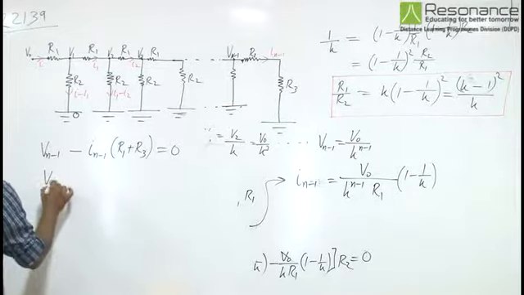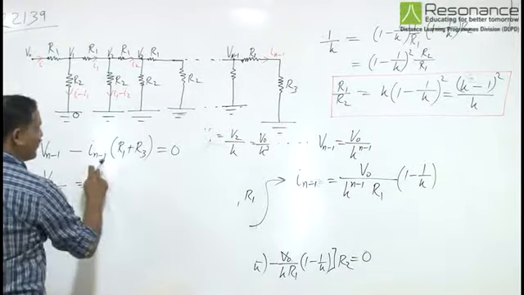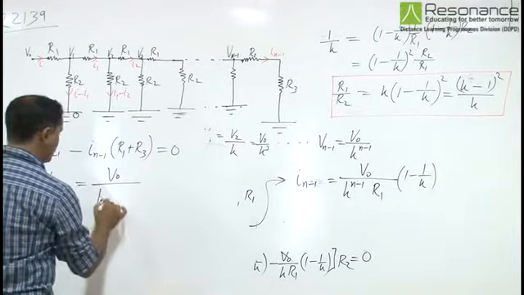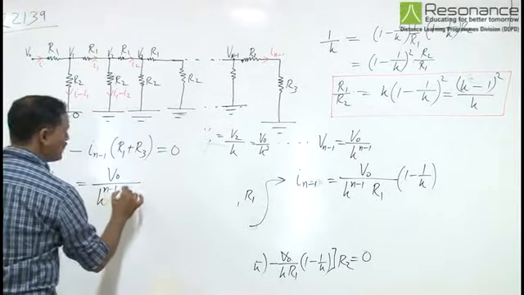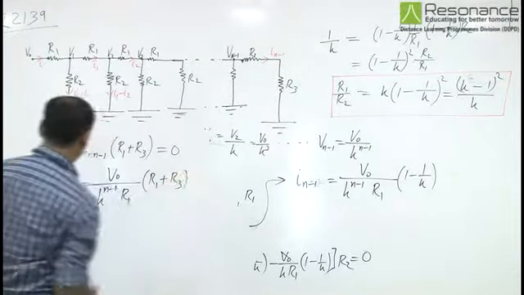Vn minus 1 is V naught by K to the power n minus 1, and In minus 1 is V naught by K to the power n minus 1 R1 into 1 minus 1 by K, divided by R1 plus R3.